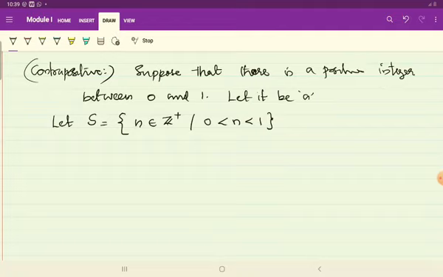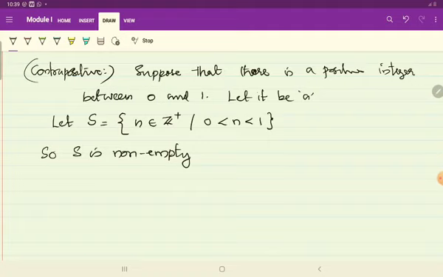So we assumed on the contrary that there exists at least one positive integer A in between 0 and 1. And we have considered the set of all positive integers in between 0 and 1. So clearly this S is non-empty, isn't it? So S is non-empty. That means S contains an element.